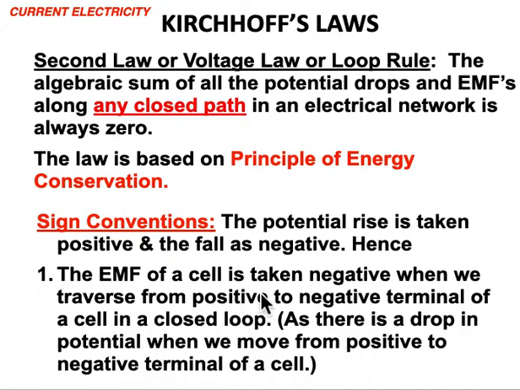The EMF of a cell is taken as negative when we traverse from positive to negative terminal. Positive terminal means higher potential, negative means lower potential. So, when you move from positive to negative, there is a drop in potential, and we will take the drop in potential as negative.